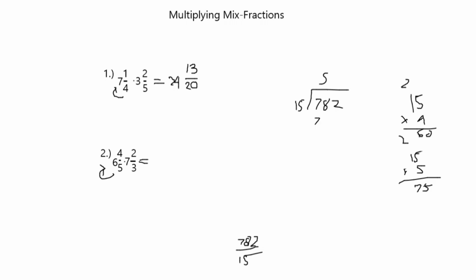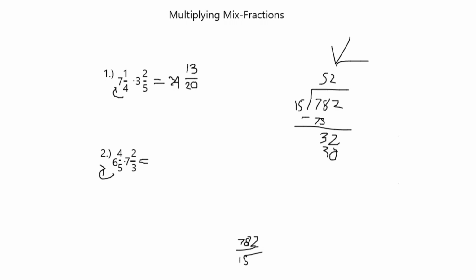Let's say 5. Oh, okay, 5 is better. So we just do that here. 3, 2. Now I'm going to find another number. So we get 2. So we're going to use 52.